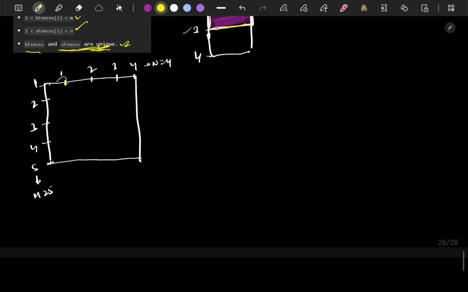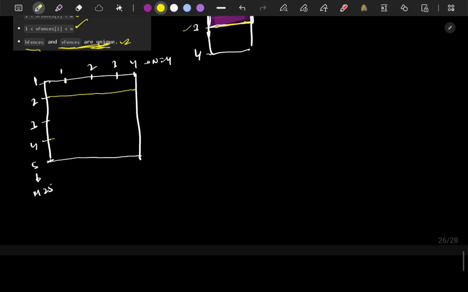Now let's say we have a horizontal fence at 2, at 4. Also we have verticals. Sorry, this numbering was done wrong.